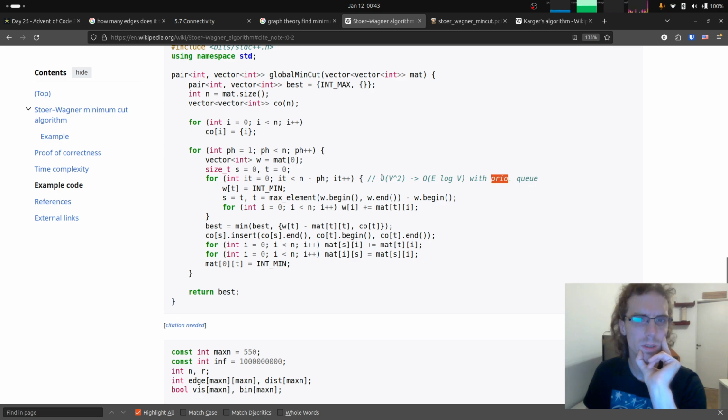If you have a priority queue, we change a quadratic thing with a logarithmic thing. E and V, okay, beautiful. S is T, T is the max element.